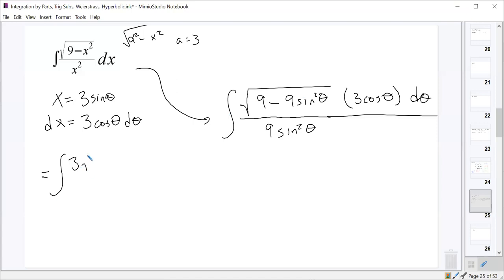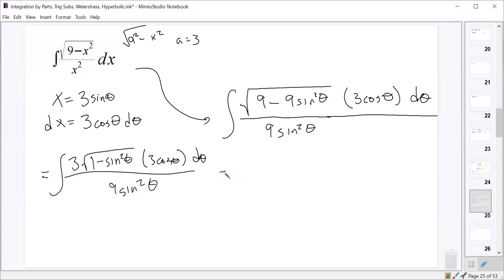So we're going to have a 3 times the square root of 1 minus sine squared theta times 3 cosine theta d theta all over 9 sine squared theta. And we should see from there that I can cancel out the 3 times the 3 divided by the 9.